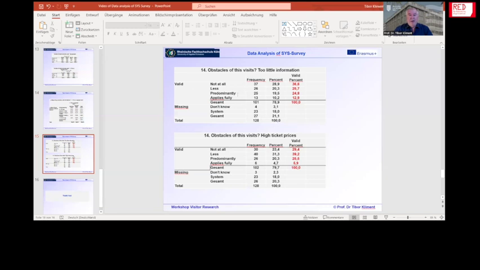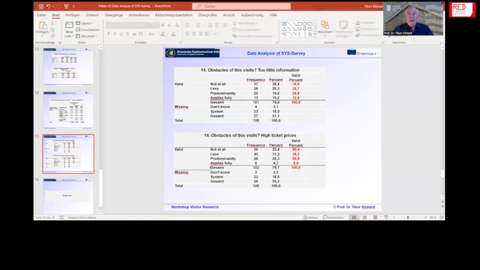So, and finally, also concerning information and media campaign about the festival, we ask for different obstacles that make it difficult for the visitors to come. The most important obstacles we were asking are too little information and high ticket prices.